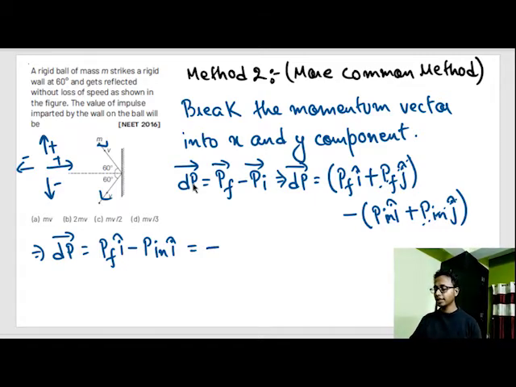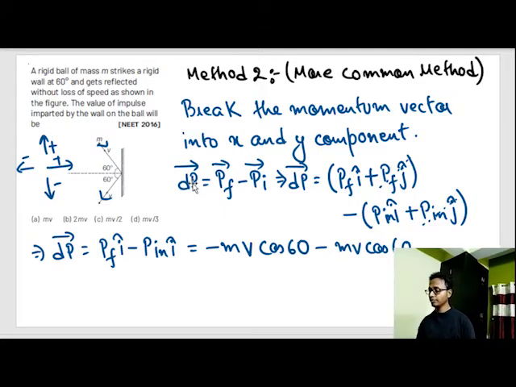It is nothing but minus mv cos 60. Similarly, the component of initial momentum in x-axis is plus mv cos 60. This minus came from the formula. The component of initial momentum in x-axis is positive, because if we slap this vector in the x-axis, it is mv cos 60.